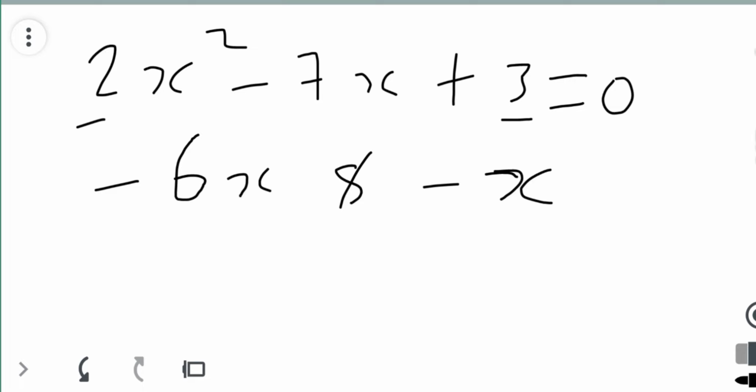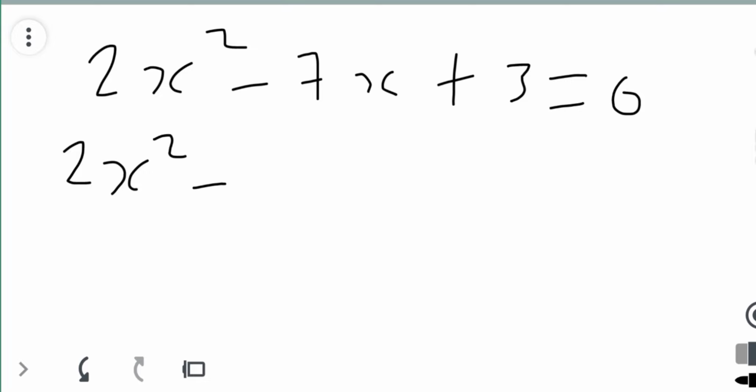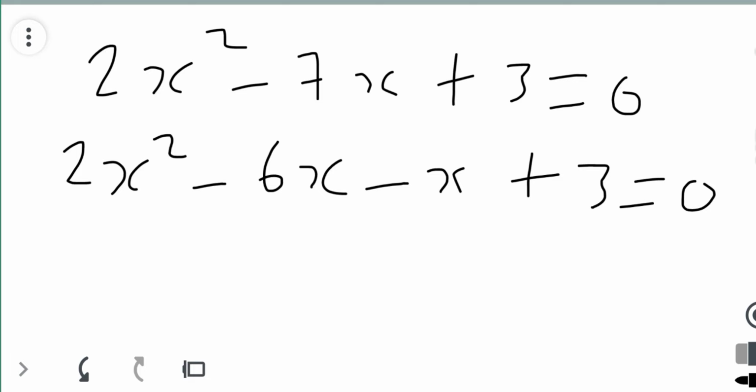So here, quickly now, equals 0, sorry. So I'll just write 2x squared. Instead of writing minus 7x, I'll be writing minus 6x minus x plus 3 equals 0.